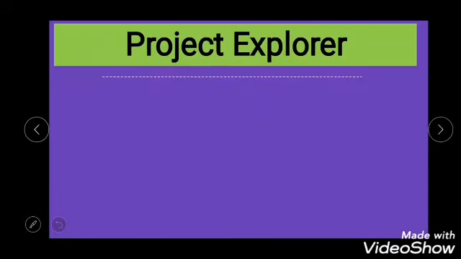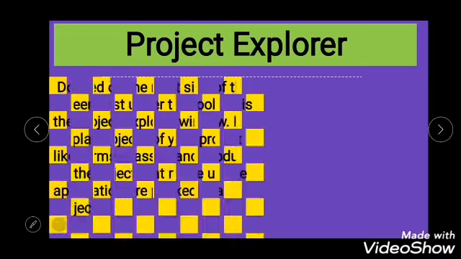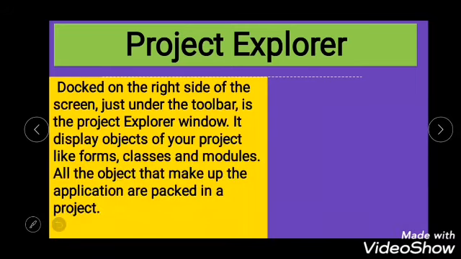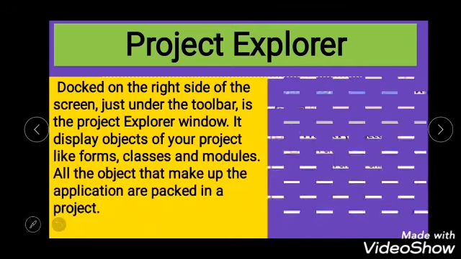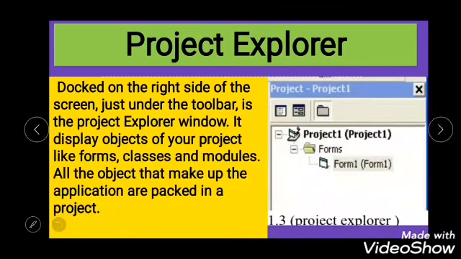Move to Project Explorer. It is placed on the right side of your screen, just under the toolbar. The Project Explorer window displays the objects of your project, like this Form1.